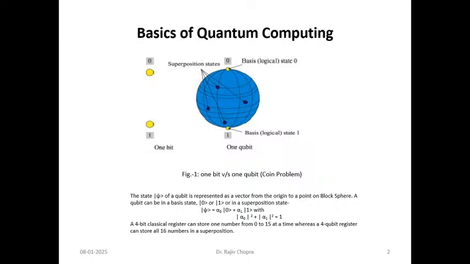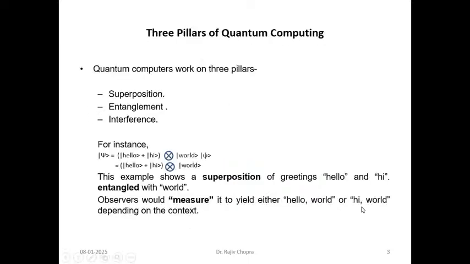There are 3 pillars on which quantum computing rests: superposition, entanglement, and interference. So, next slide. Superposition, entanglement, and interference.